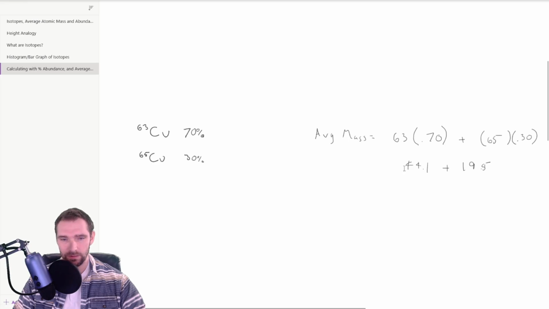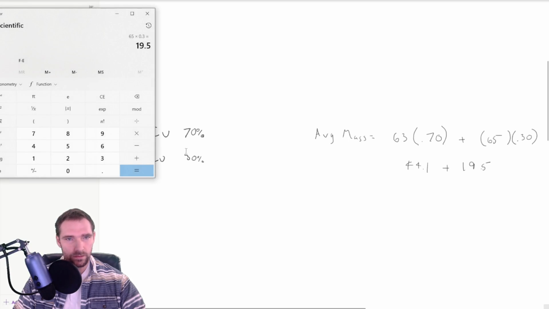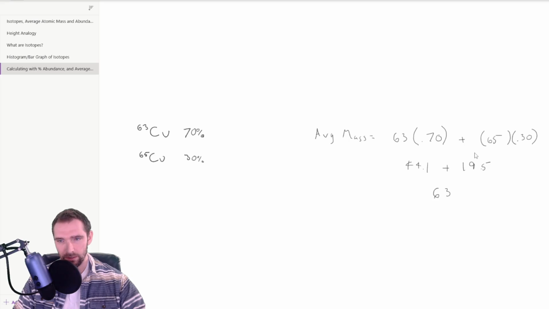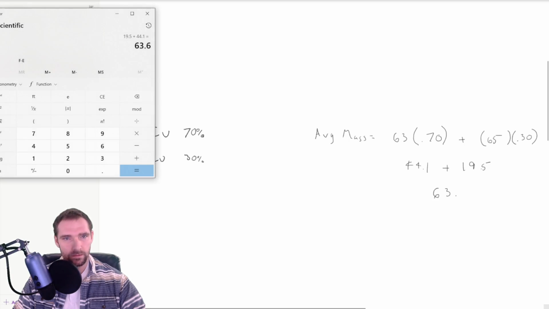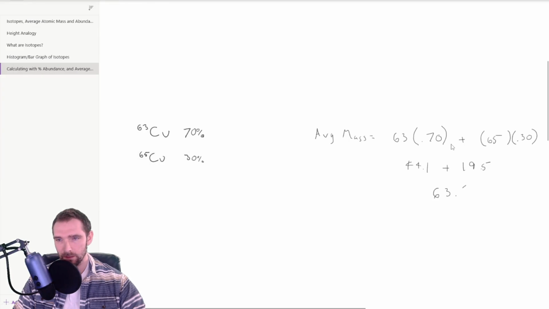If we add those two numbers together, you get an average of 63.6 AMU. So that's our average for that compound.